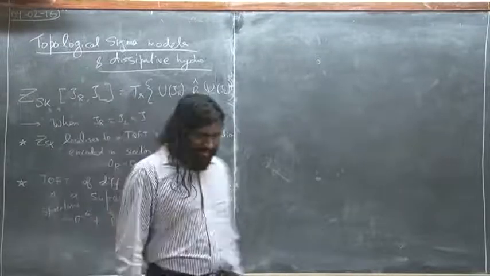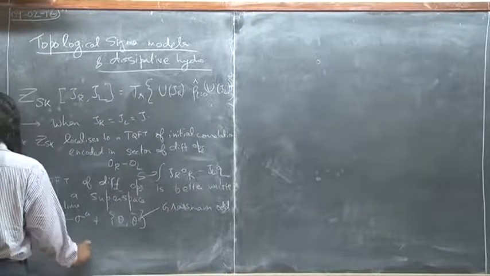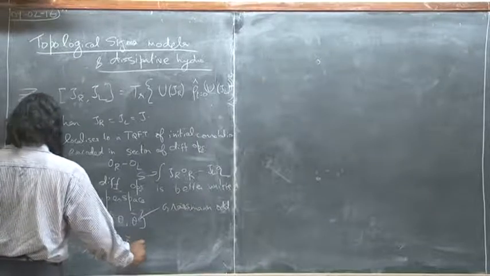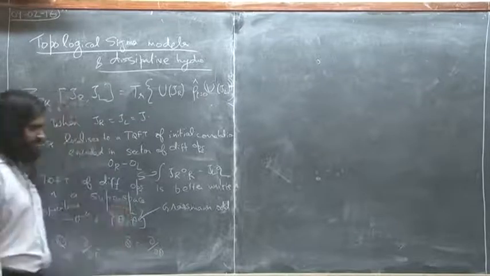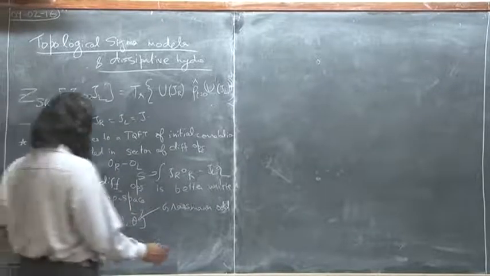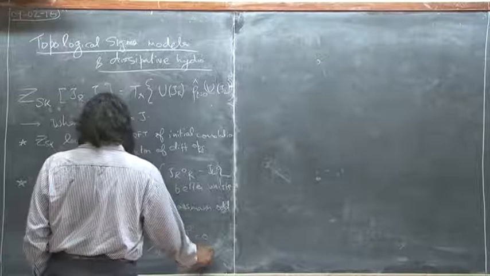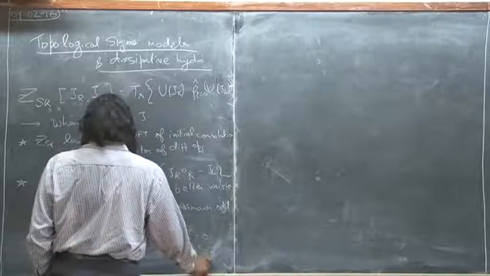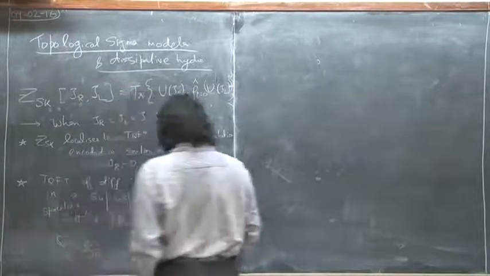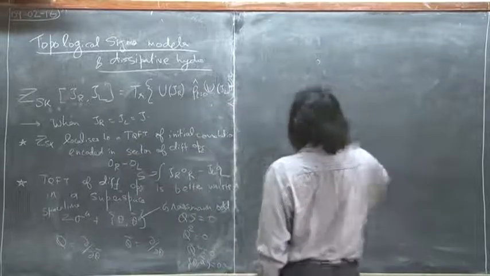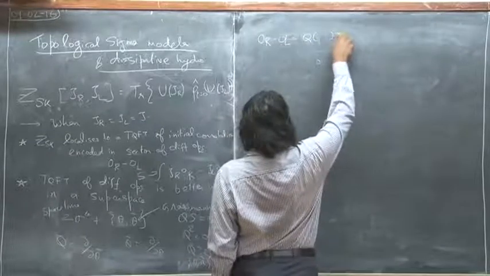Associated with these there were translation operators, Q, which is d by d theta bar, and Q bar, which is d by d theta. If you write down some translation invariant expression along these coordinates, then you get a symmetry of the action. So Q of the action is 0 and Q squared is 0, such that O_R minus O_L is Q of something.